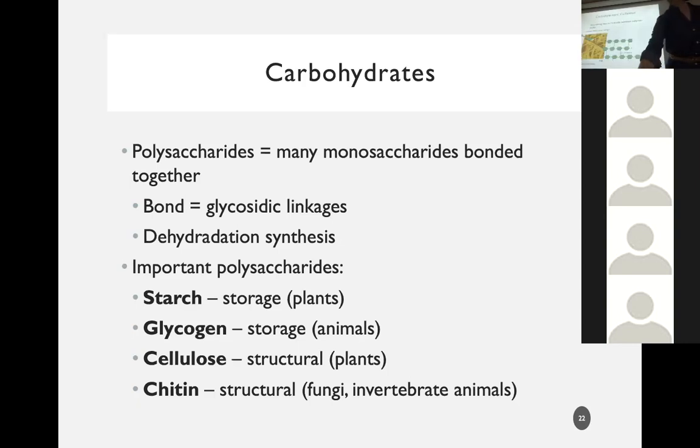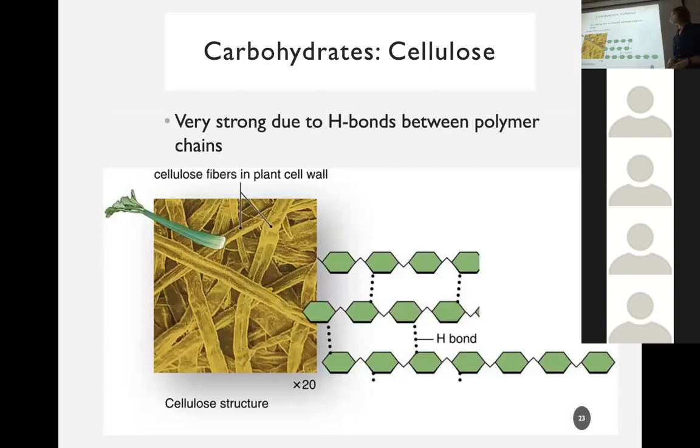So I want to talk a little bit about cellulose and chitin, just in a little bit more detail, those 2 structural ones. Cellulose is particularly strong due to hydrogen bonding between polymer chains. So what that means is you have all of these individual subunits put together. So these are the rings, we'll say it's all glucose.